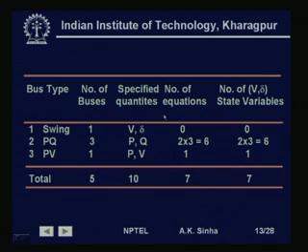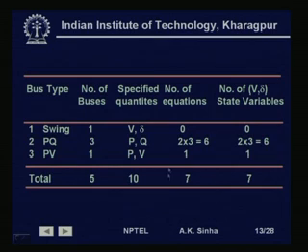And so, how many equations we need to write for this bus? Since both voltage magnitude and angle delta are known at this bus, and the load flow needs to find out the voltage magnitude and delta at all the buses. Since this is already known, so we do not need to write any equation for this bus. So, number of equations needed for this bus is 0, number of state variables required to be computed is 0.